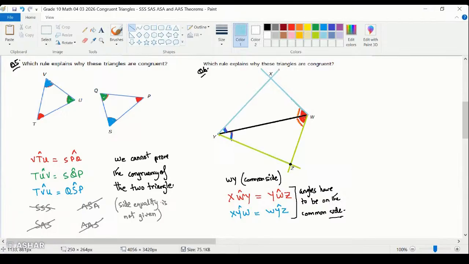That means they are intersecting at point X. That means these two images are reflections of each other, inverted images of each other. This shape will be exactly the same as this shape because two angles and the common side are the same.